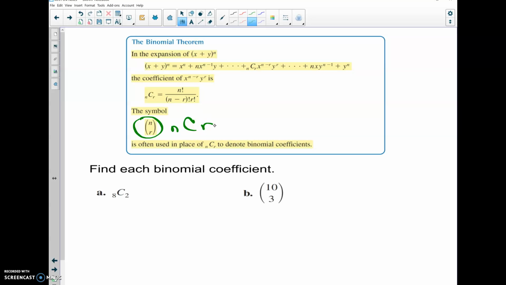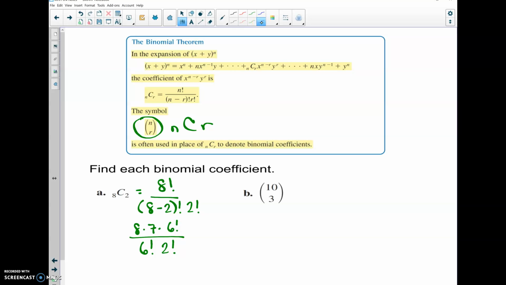Let's evaluate part A, 8 choose 2. We're going to plug into the formula. So 8 factorial. Remember, in the previous section we learned what factorial was. Over n minus r, so 8 minus 2 factorial, times 2 factorial. 8 minus 2 is 6, so 6 factorial times 2 factorial. And 8 factorial really is 8 times 7 times 6 all the way down to 1, which is really just 8 times 7 times 6 factorial.